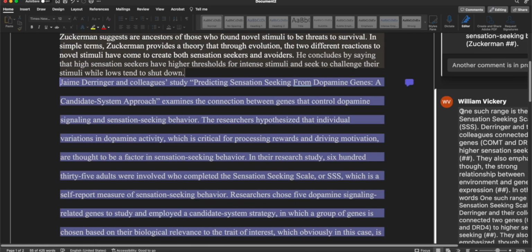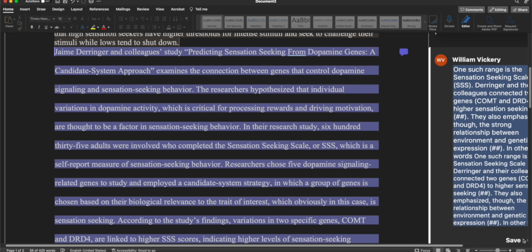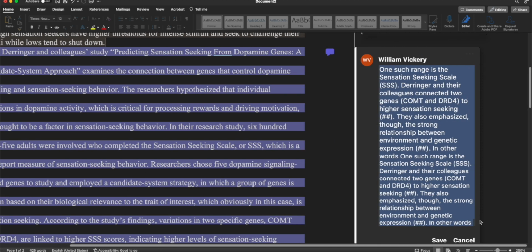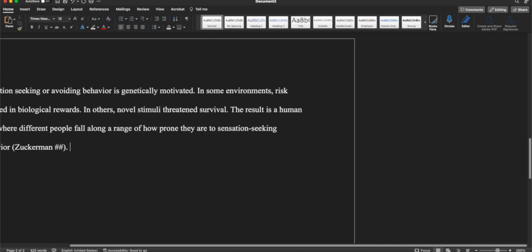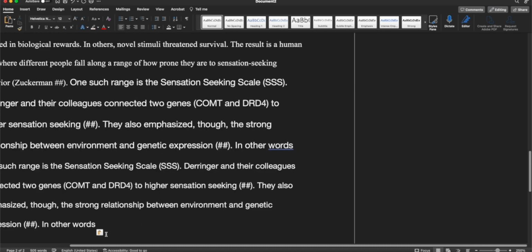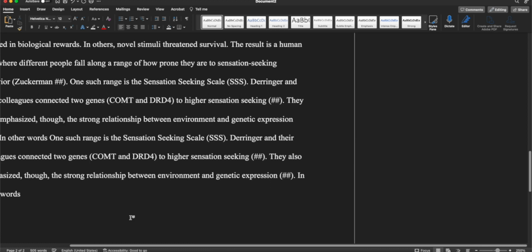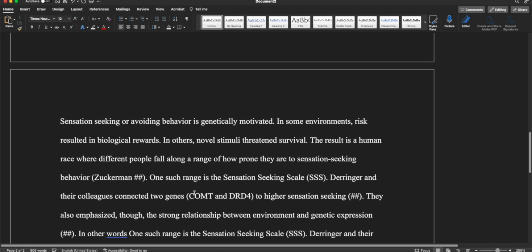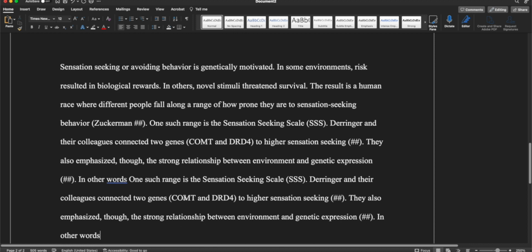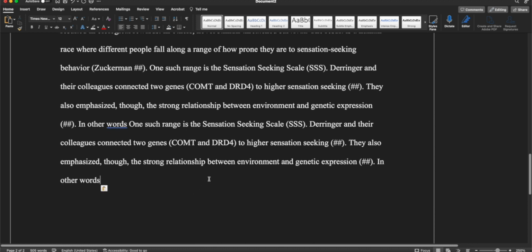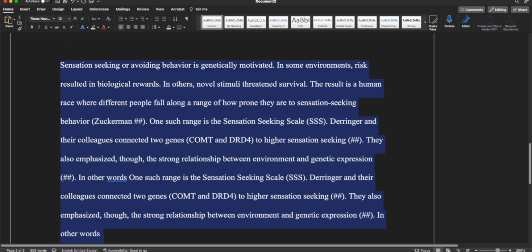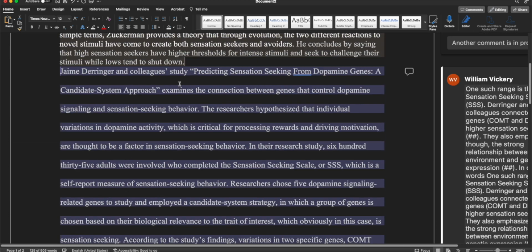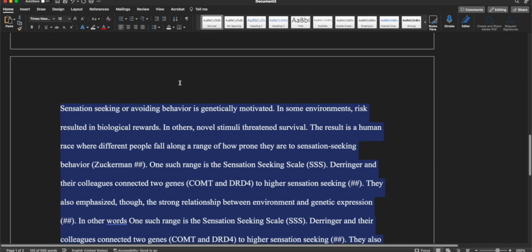Oh, I didn't copy this one yet. Oof. Mash destination formatting for sure. That's terrible looking. All right, this is our new section right here.